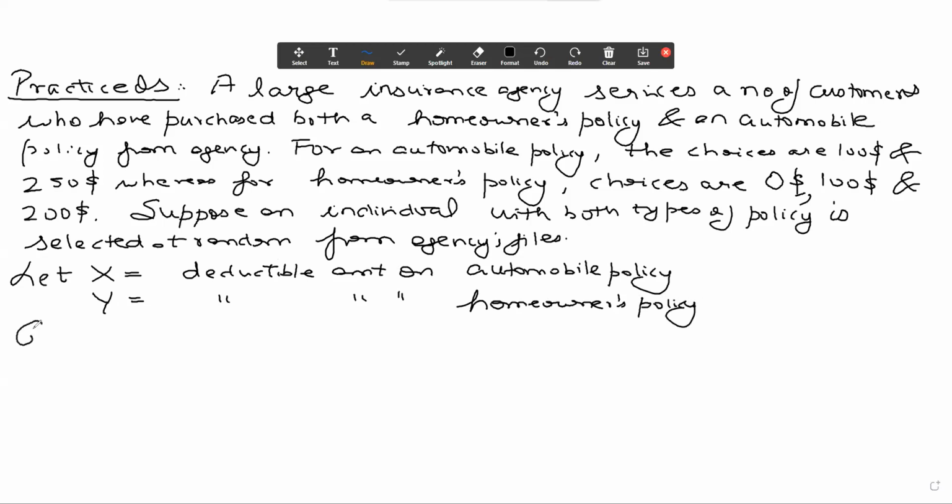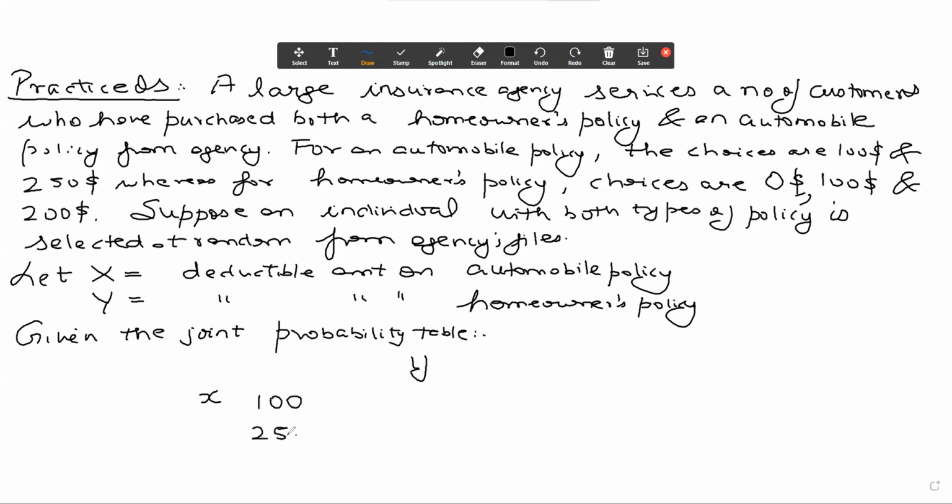We are given the joint probability table. X takes the values 100 and 250. Y takes the values 0, 100 and 200.